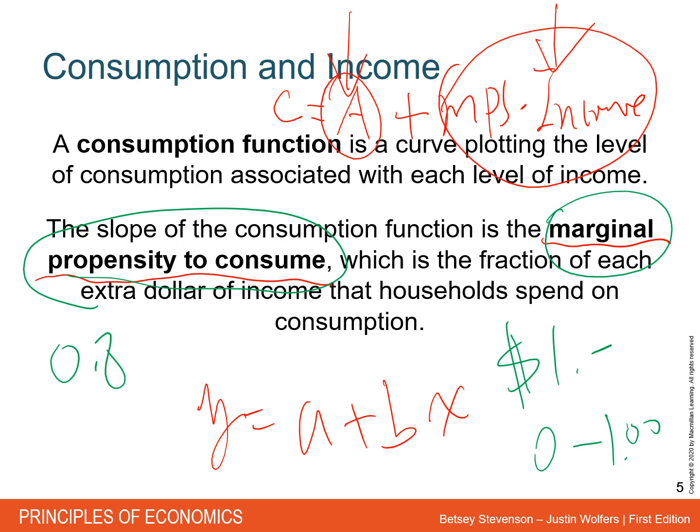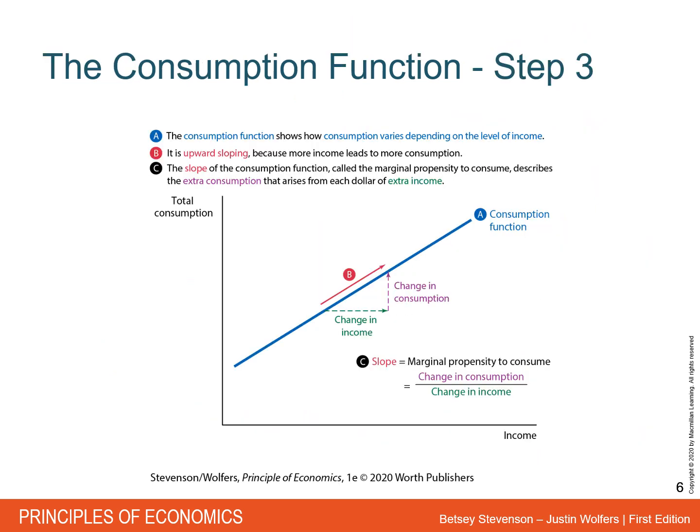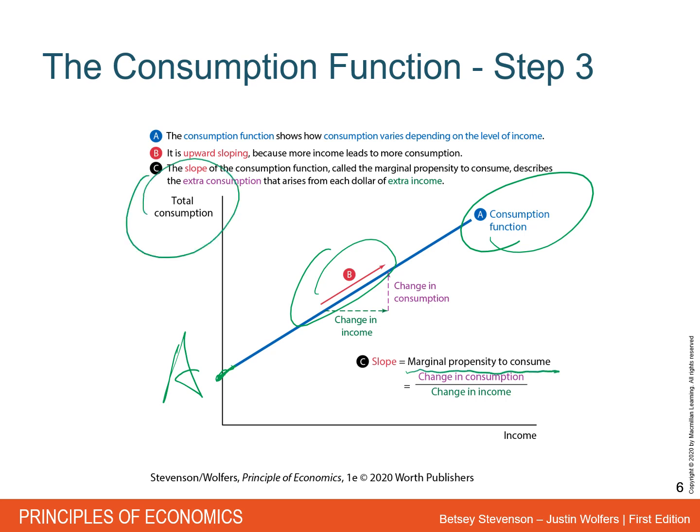If you look at the graph, this blue line is our consumption function. This intercept here is our autonomous consumption, your basic necessities. And the slope of the line is our MPC, the marginal propensity to consume. So your consumption equals your autonomous consumption, the basic necessity, plus your income multiplied by the slope of the line.